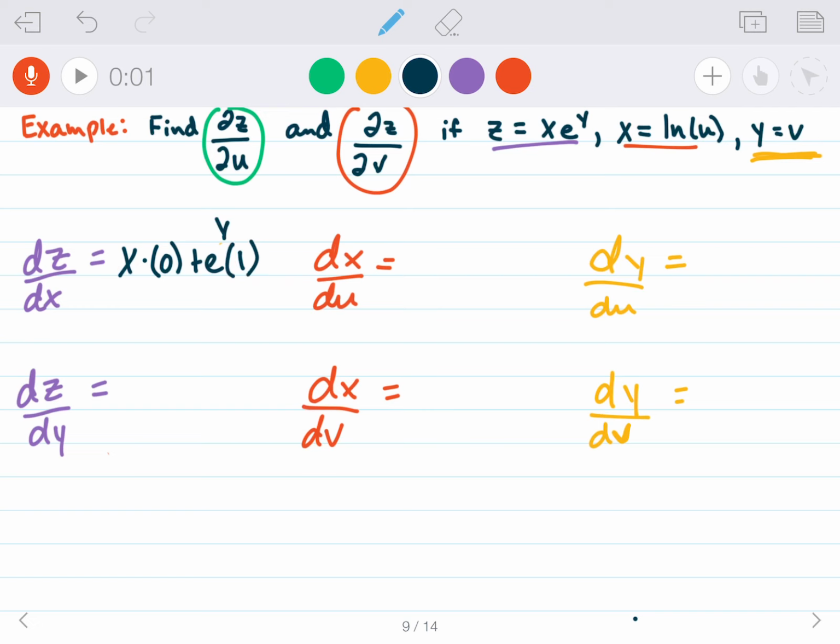So that's just e to the y. Okay. Now let's go ahead and do dz dy. Okay, so dz dy, keep the first times the derivative of the second, plus keep the second times the derivative of the first. So we just get x e to the y.